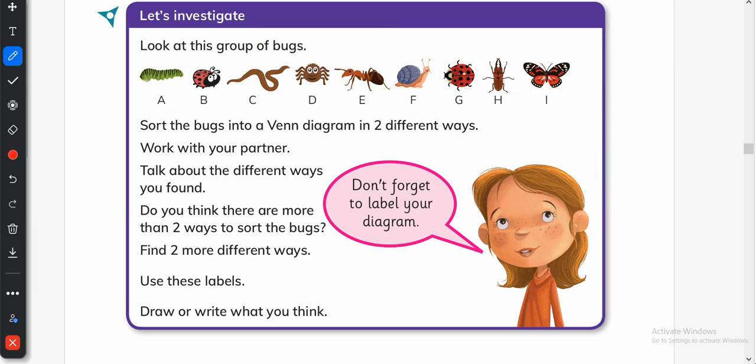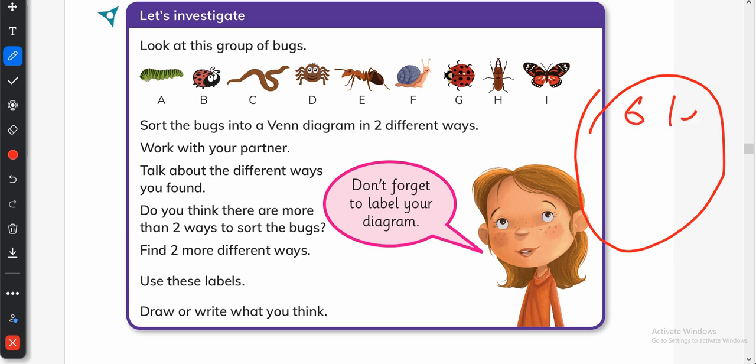Okay. What other way can we sort out? Yes, we can sort out with the legs. They have six legs. No, not six. I'm wrong. Eight legs. Usually insects have eight legs.